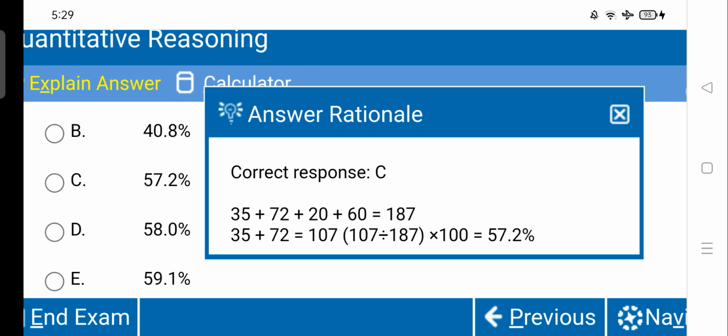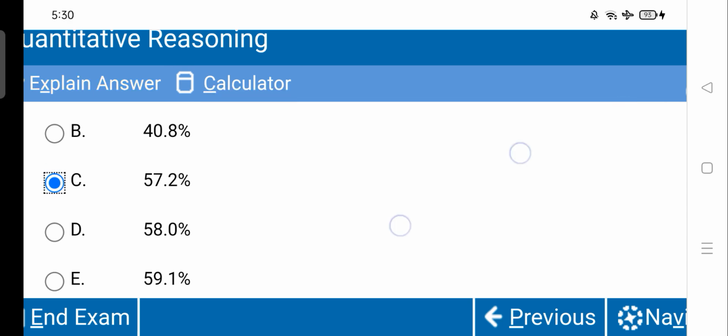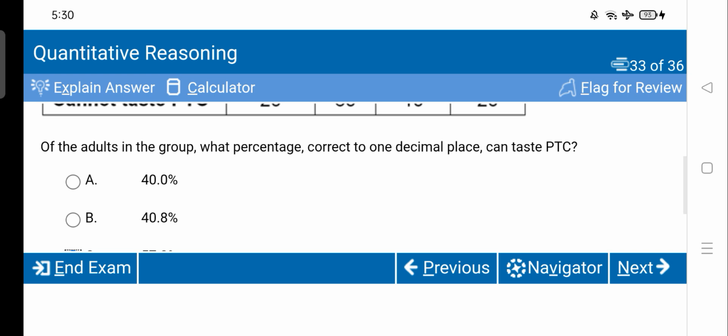So the correct response is option C, 57.2%, the percentage, correct to one decimal place, that can taste PTC.